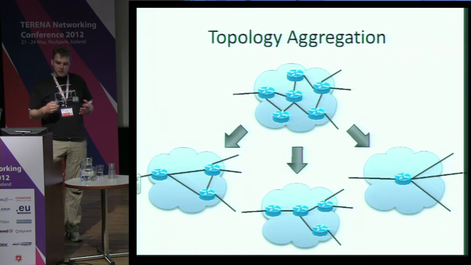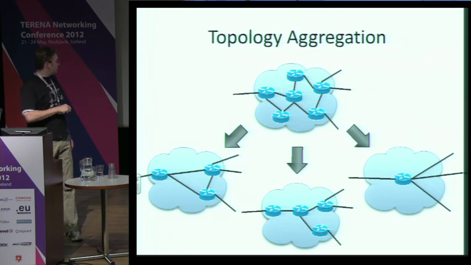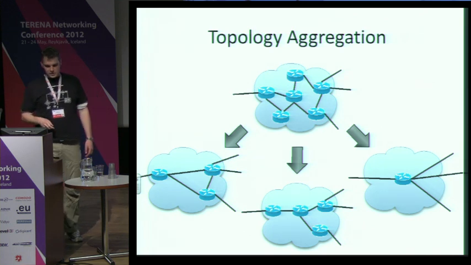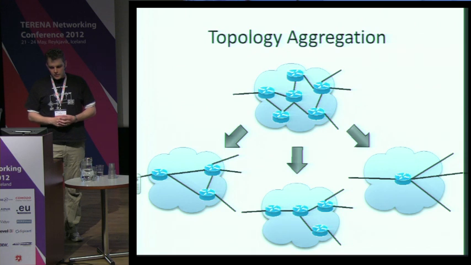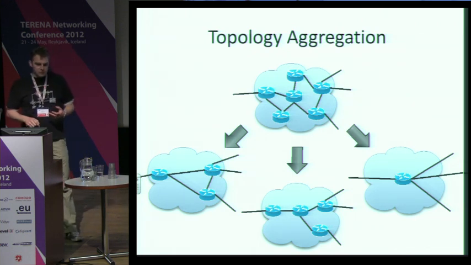This abstracts away some details, but still gives them information about the availability of the connections between the two border nodes. Or a middle ground is a star network where you have a center node and spokes to the edges, which gives you some idea of the availability of the network, but still hides some of the complexity of the network itself.